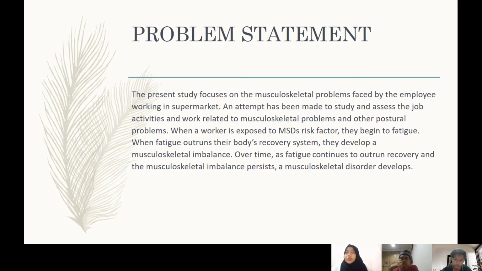When a worker is exposed to MSD risk factors, they begin to fatigue. When fatigue outruns their body's recovery system, they develop a musculoskeletal imbalance. Over time, as fatigue continues to outrun recovery and the musculoskeletal imbalance persists, a musculoskeletal disorder develops.